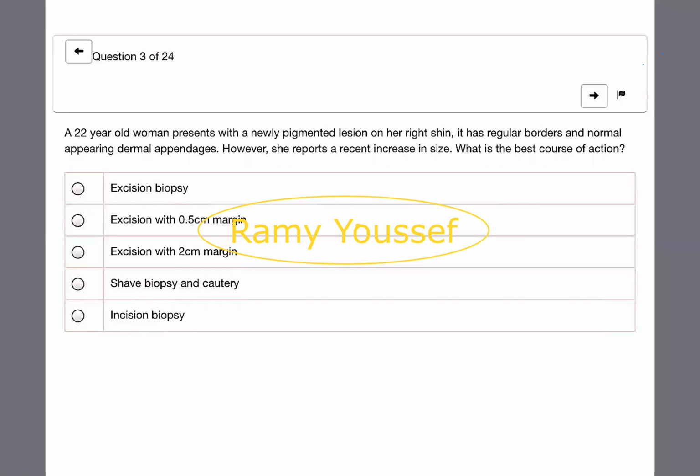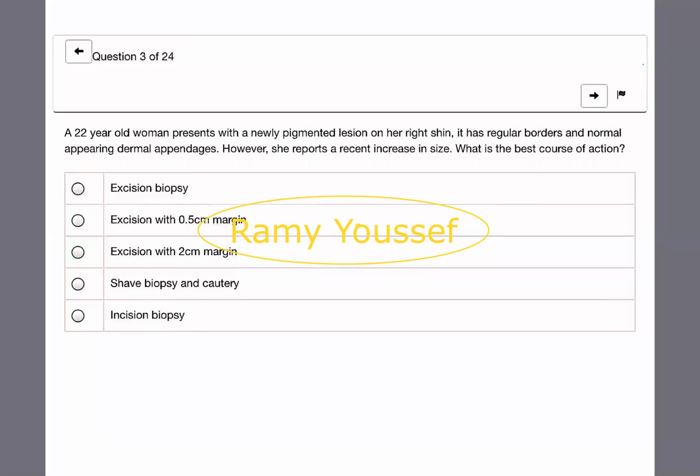What's the best course of action? Pigmented lesion. Excision biopsy.